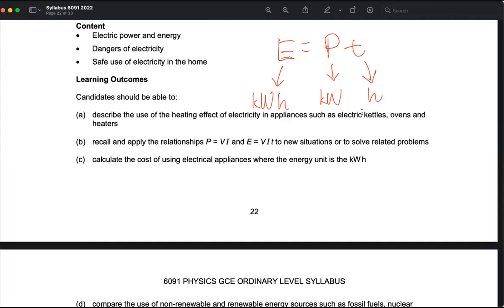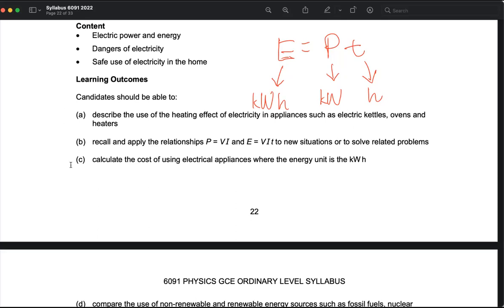What you learned in chapter 7, the joule, the watt and the second, that is the SI unit. But if you were to leave everything in SI unit, it will be a very, very big number. So therefore, we use kilowatt hour to represent how much energy you use for your electrical appliances at home or in office. Clear?